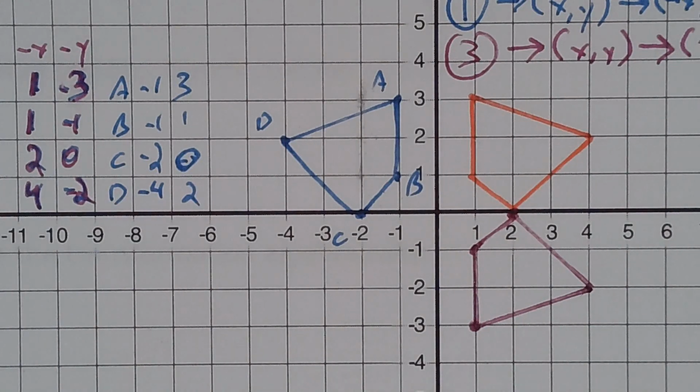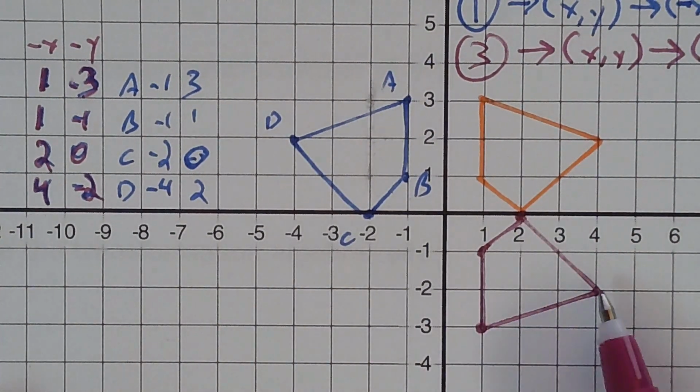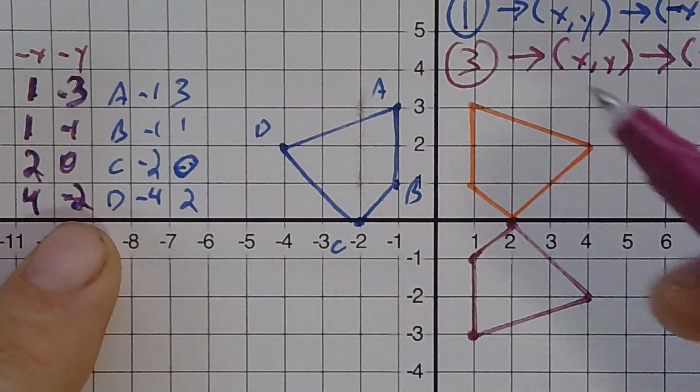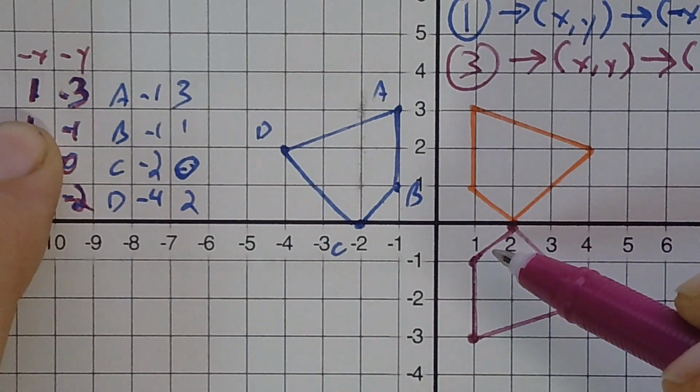All right, so what type of transformation was that? If you remember, a -x, -y is a rotation of 180 degrees. I guess it would help if I labeled these, huh? So -1, -1, -2, -4, this would be -1, -1, -3.